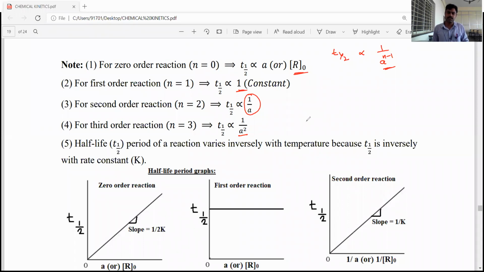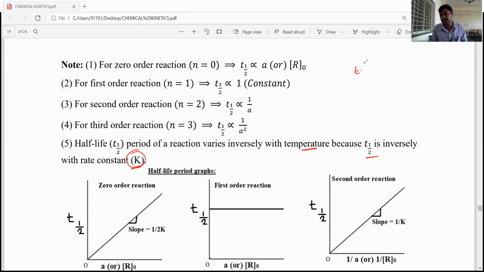Okay, dear students. Next, the important graphical representation. Let's see the fifth point, half-life period. T half for a reaction varies inversely with temperature, because T half is inversely proportional to rate constant.